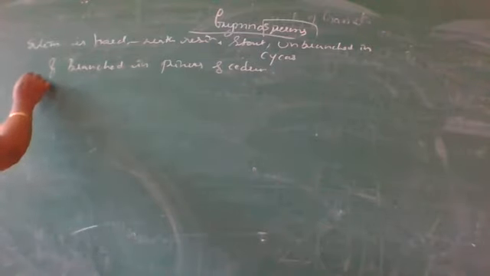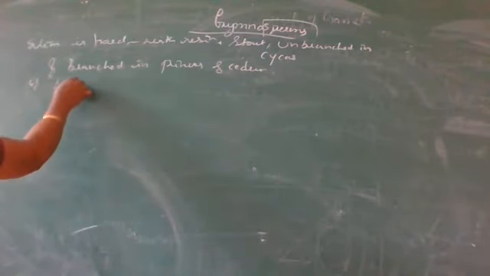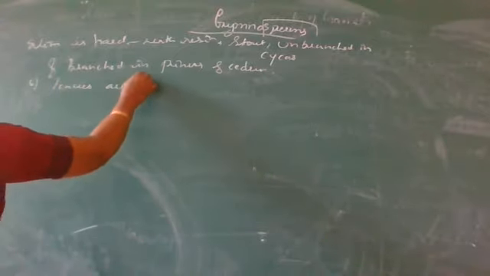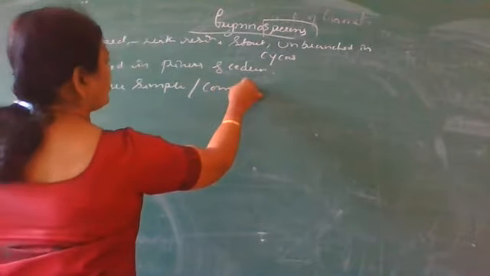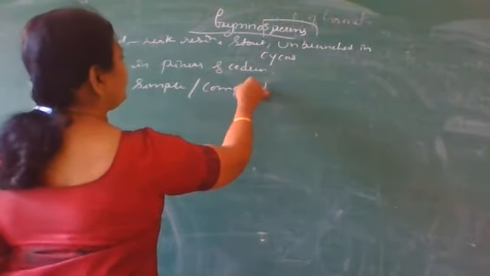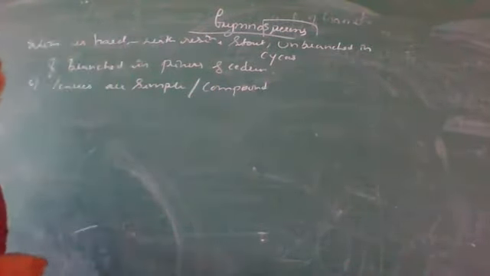Then the leaves. Leaves are simple or it may be compound. We can observe both types of leaves. Either it may be a simple leaf or a compound leaf. What is a simple leaf?